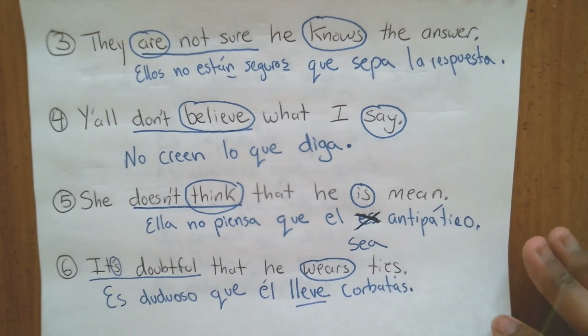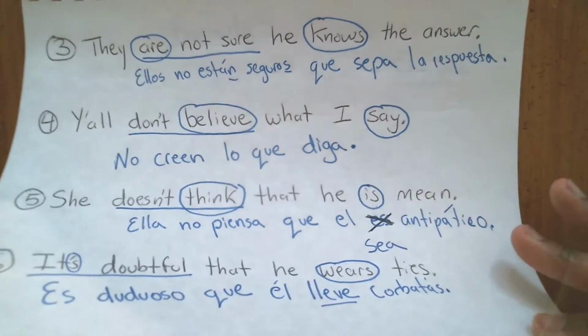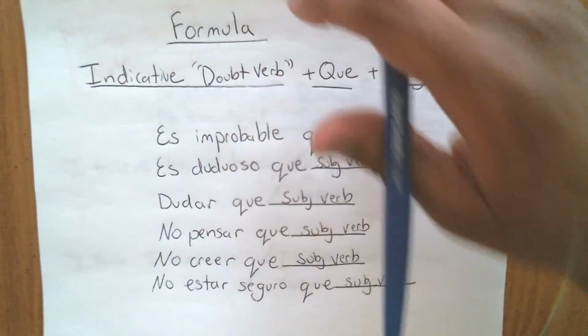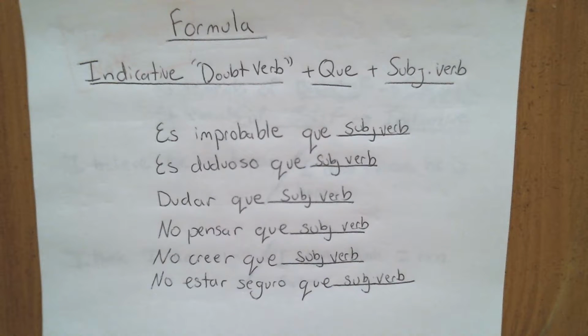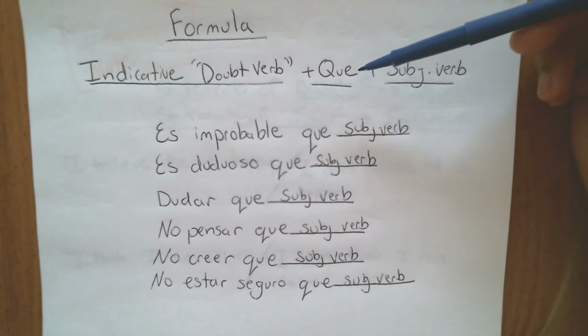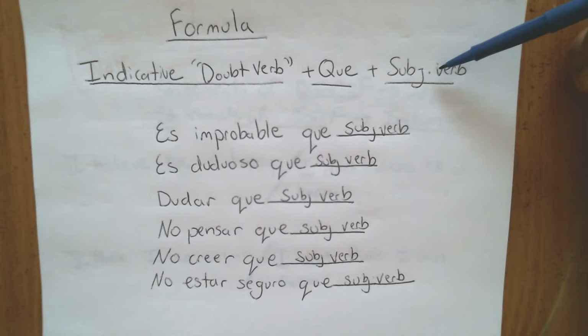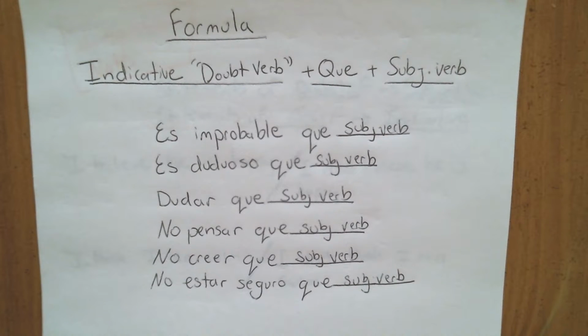Now the doubt has a format for the subjunctive as well. All of these have a format, so once you get these formats down, it'll pretty much help you understand very thoroughly. Your doubting verb is in the indicative, then you have a que, then you have your subjunctive verb that was doubted. Okay? And these are some statements here that will help you understand the general pattern of what we're talking about.